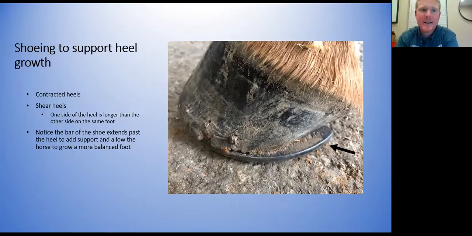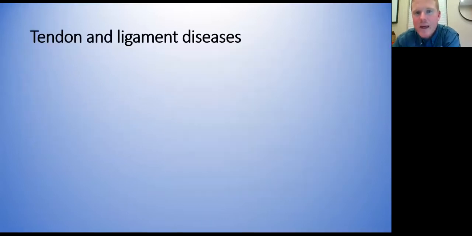What that does is allow their hoof to grow in a better way and actually give their heel more support and help it expand over time. And so it's going to be a process, but you'll see in some of these horses where this horse is imbalanced medial to lateral based off of the contracted heels. And this is a very good way of giving their heels more support, is to extend the bars of the shoe more lateral.